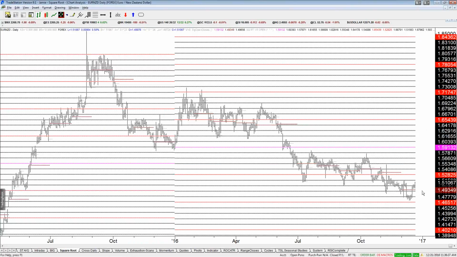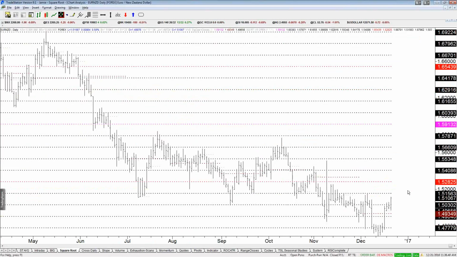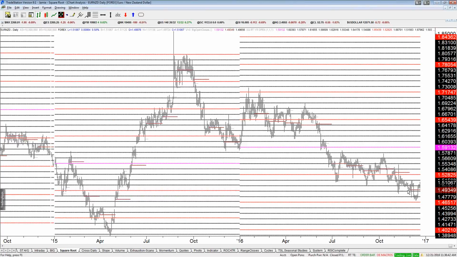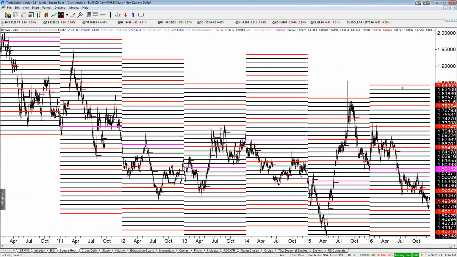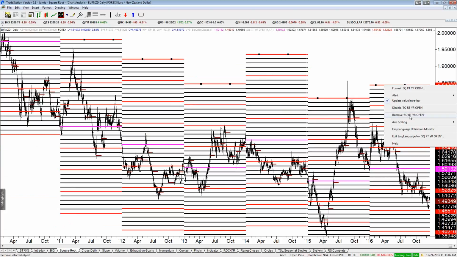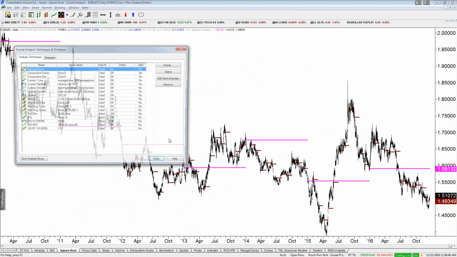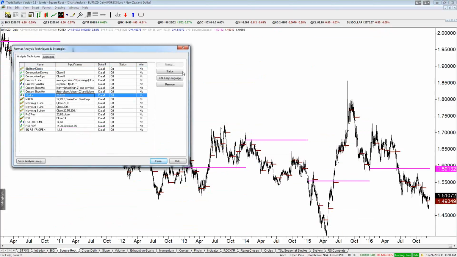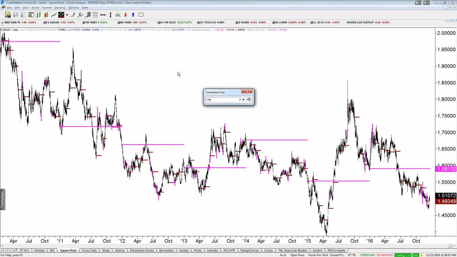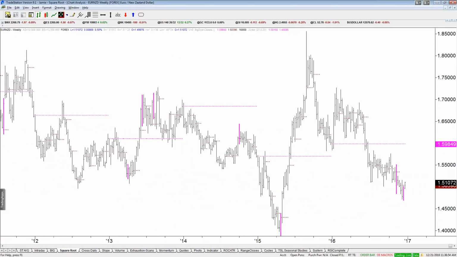Here's Euro Kiwi. Let's put on the J spike on the weekly basis. So in magenta, all right, J spike, we're following through on it, looking good.